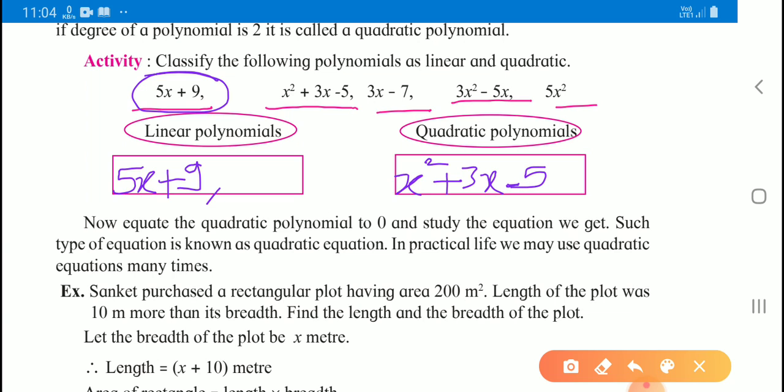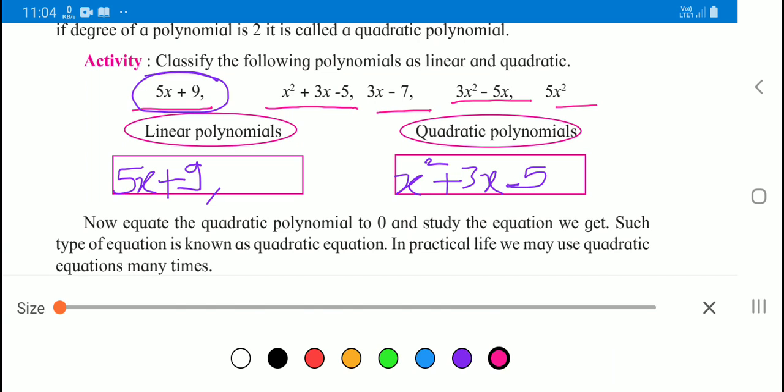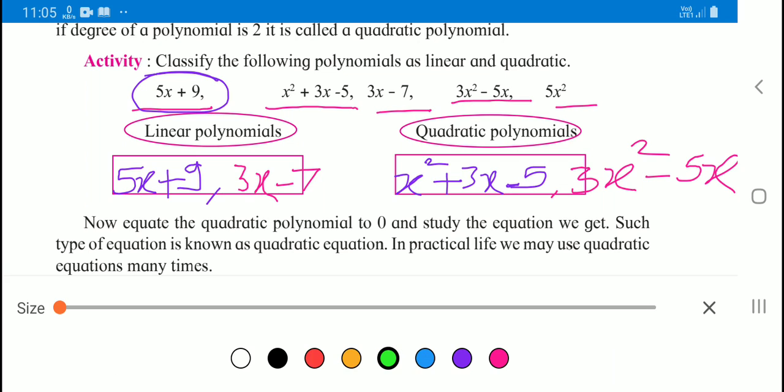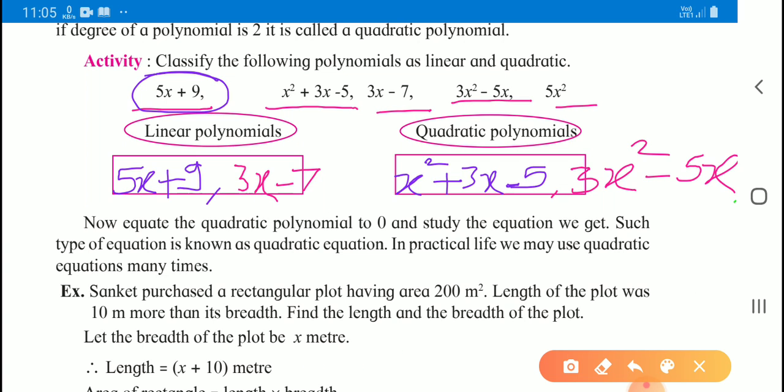The third one, 3x minus 7. It is a linear polynomial because the degree of the polynomial is 1. Next is 3x square minus 5x, that is a quadratic polynomial. And the last one they have given is 5x square. Here the degree of the polynomial is 2, so it is a quadratic polynomial.